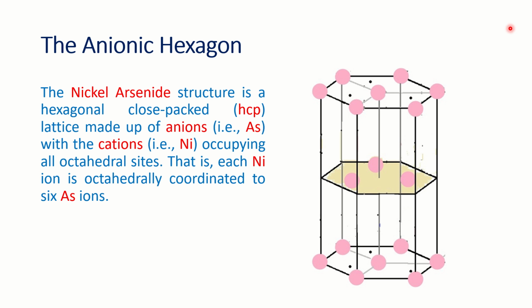Now here in this picture, these black dots are the points through which the lines of projection of these lattice points are passing. If you draw a straight line from this one to this one, then this line will pass through this lattice point.